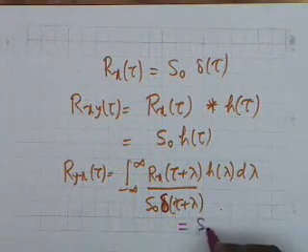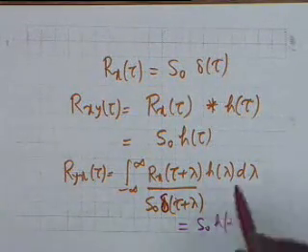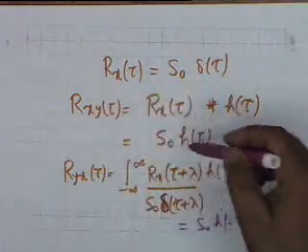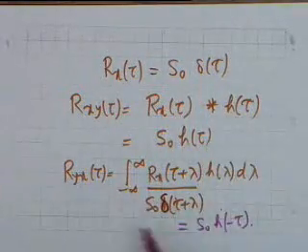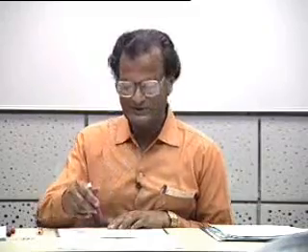It would be S0 h of minus tau. Now, you notice why they are not equal. Rxy(tau) is S0 h(tau) and Ryx(tau) is S0 h of minus tau. If the impulse response is an even function, then they should be equal. Not in general though, it is a particular case for the white noise process, alright.